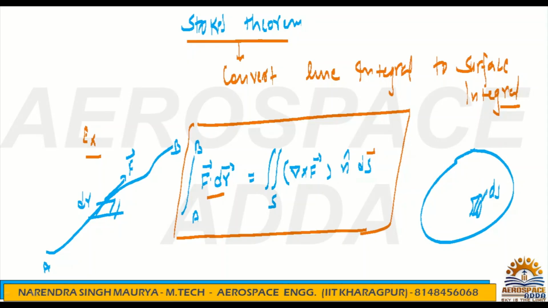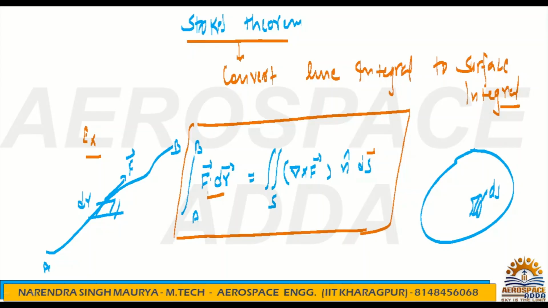Because now you are having a surface area, so whatever is perpendicular to this area will be the n cap. If you calculate the value, n is the unit vector perpendicular to the surface, so obviously it will be the k vector, right? Because you are talking about ds, which is nothing but the xy plane.